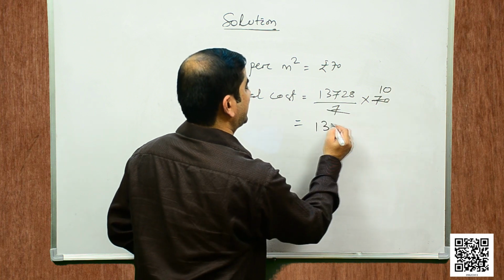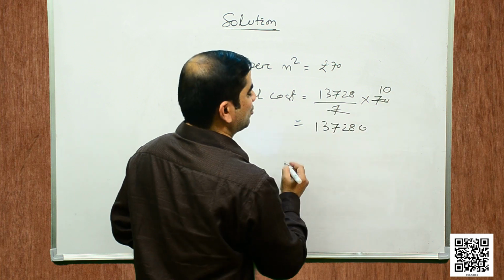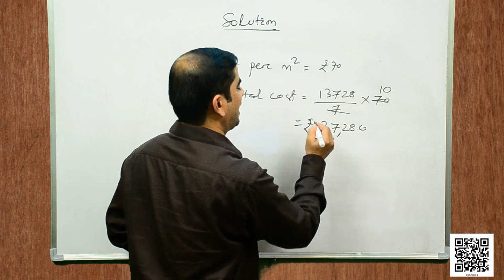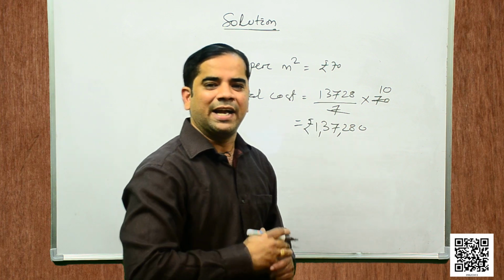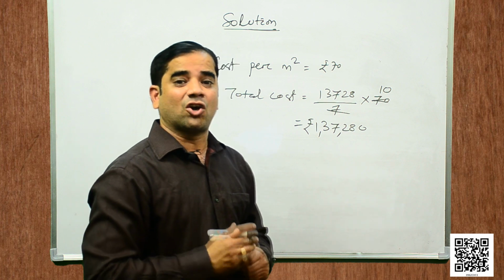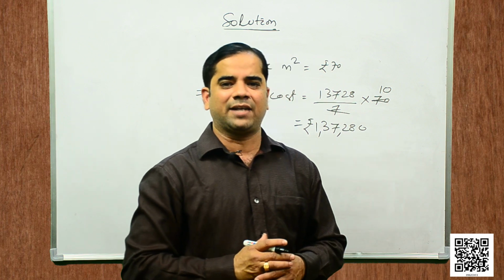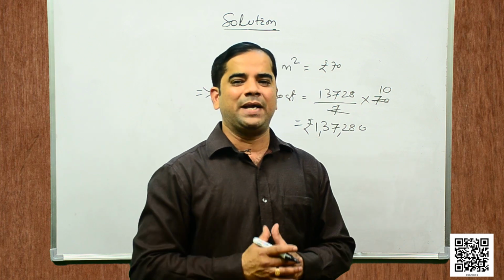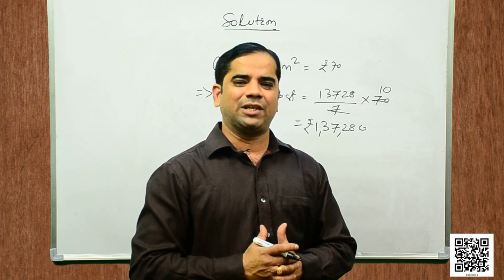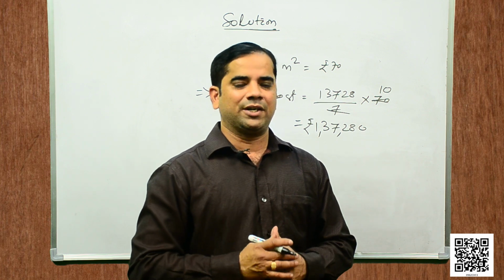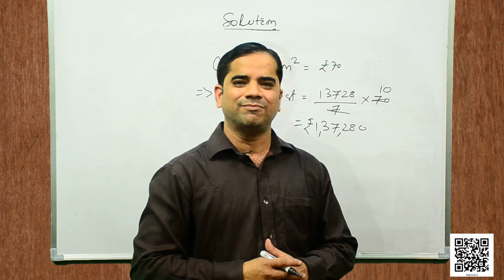So, this is 137,280, that means 1,37,280 rupees. Hence, the cost of the canvas required to make such a tent is rupees 1,37,280. Hope you understand the solution for question number 4.